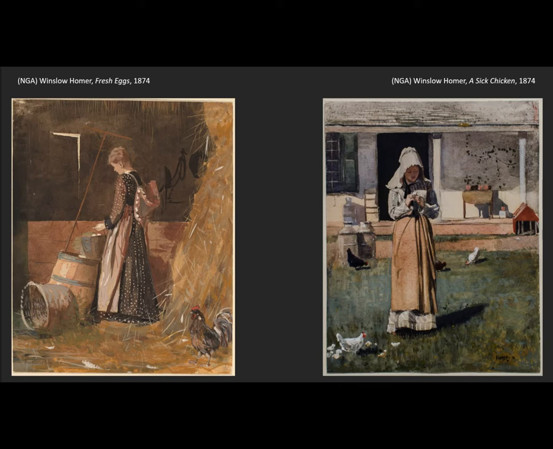Again, combinations of transparent watercolor and opaque gouache painting.